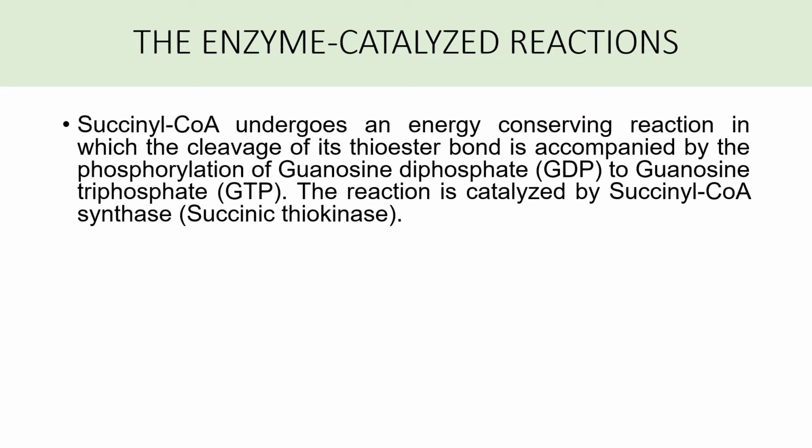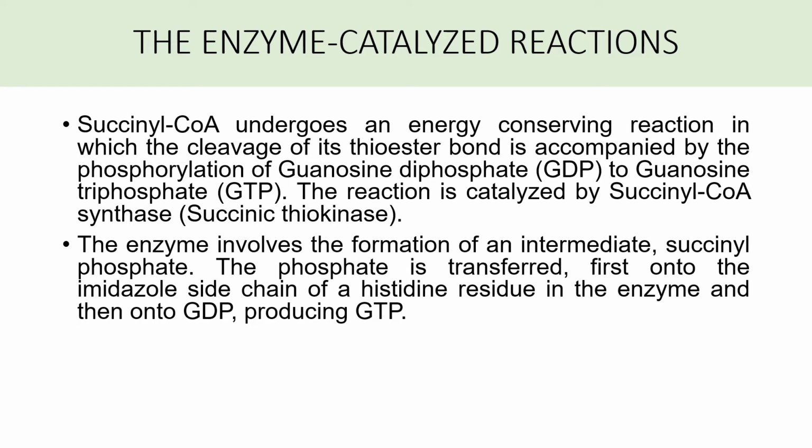Succinyl coenzyme A undergoes an energy conserving reaction in which the cleavage of its thioester bond is accompanied by the phosphorylation of guanosine diphosphate, or GDP, to guanosine triphosphate, GTP. The reaction is catalyzed by succinyl coenzyme A synthase, which is succinic thiokinase. The enzyme involves the formation of an intermediate, succinyl phosphate.